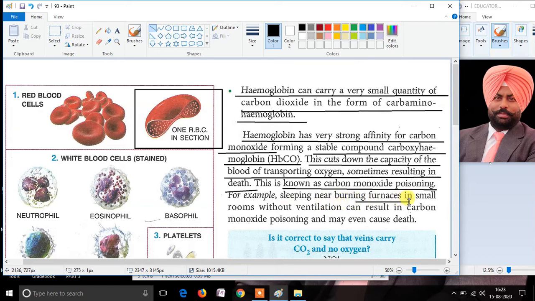In Punjabi it's called pathiyan, angithiyan, and if the room is not ventilated, then this carbon monoxide gas remains inside the room, and the person sleeping in the room inhales carbon monoxide gas, and this carbon monoxide gas combines with hemoglobin, and it forms carboxyhemoglobin, and because of the shortage of oxygen, it leads to the death of the person sleeping in the non-ventilated room containing carbon monoxide.